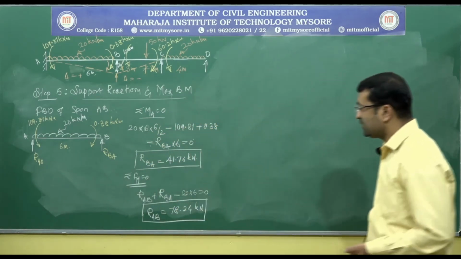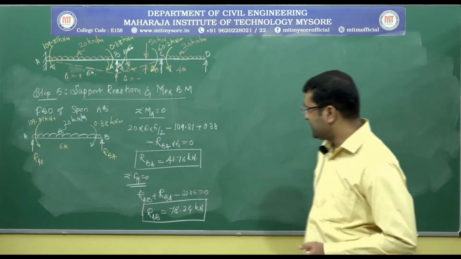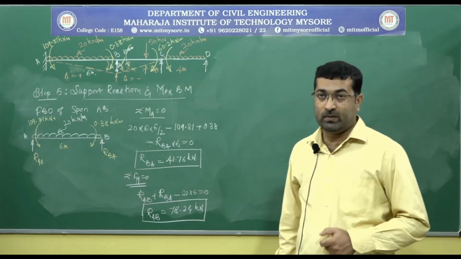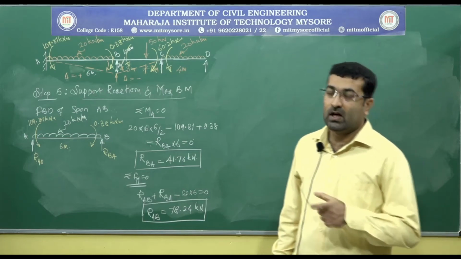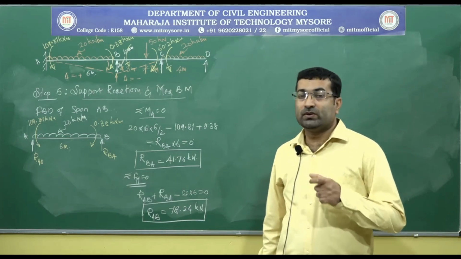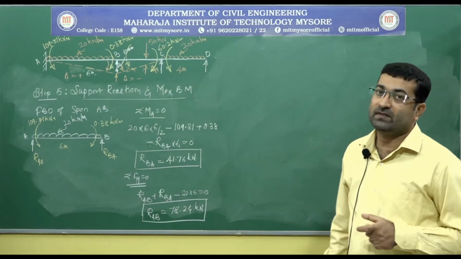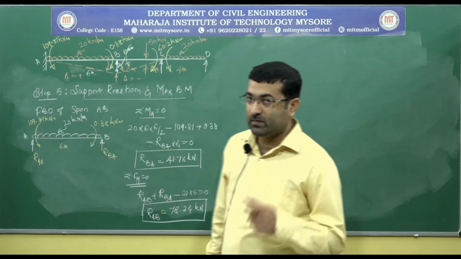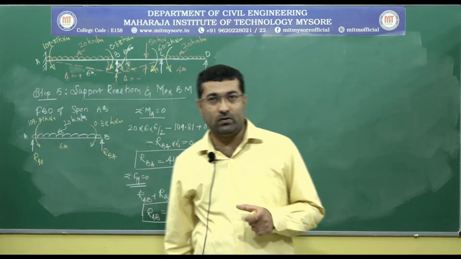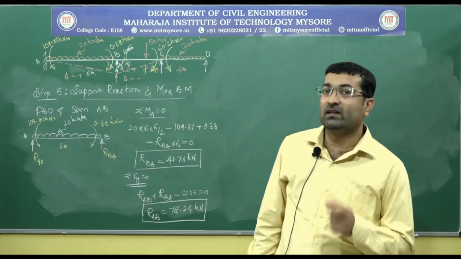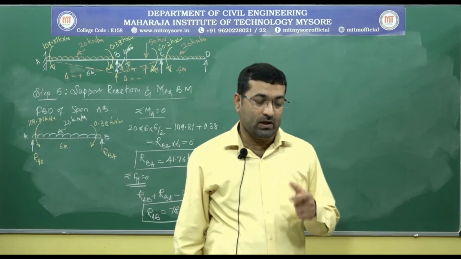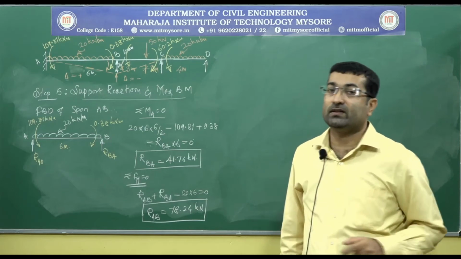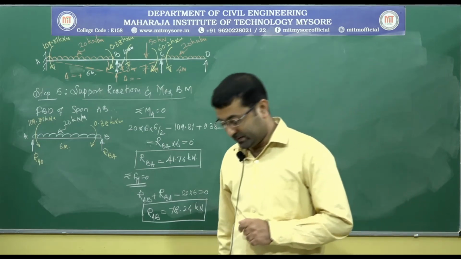Okay, so these are the two support reactions, but we need to calculate the maximum bending moment in the span AB. How to do that? That can be done with the help of the shear force diagram. If I draw the shear force diagram, from it I can make out a point where the shear force is 0, and we all know that wherever the shear force is 0, at the same point the bending moment is maximum.